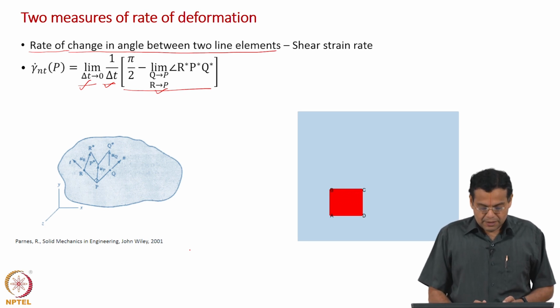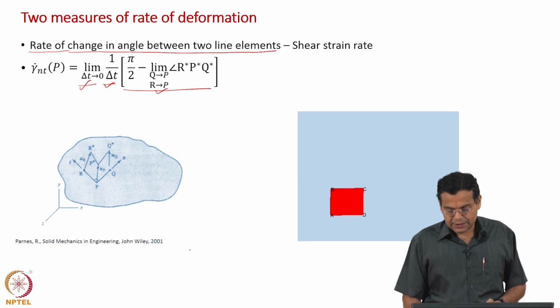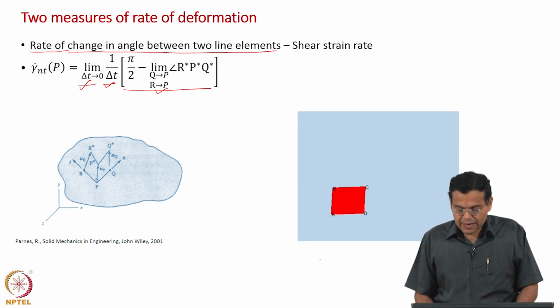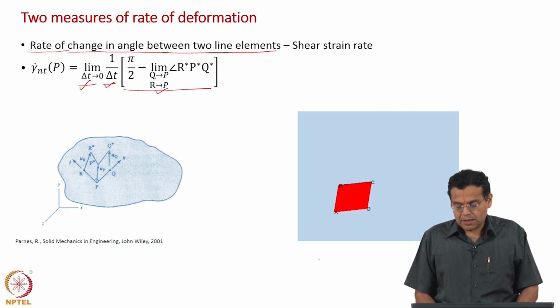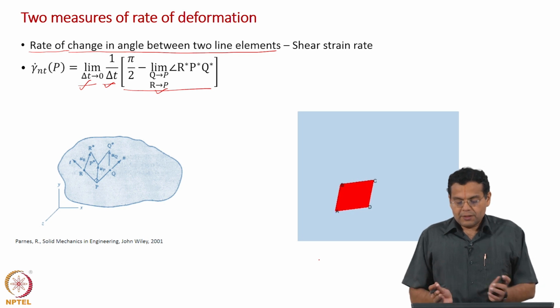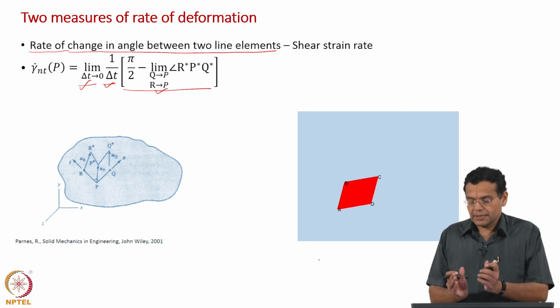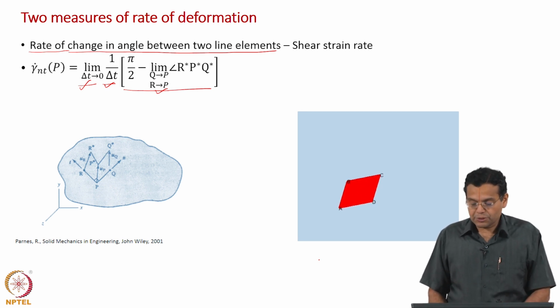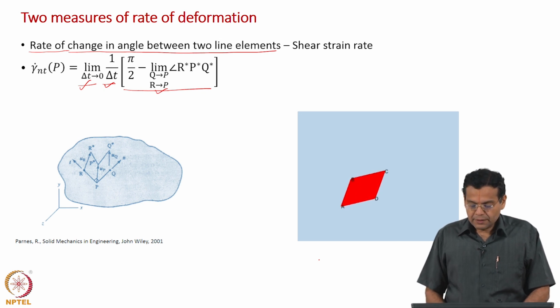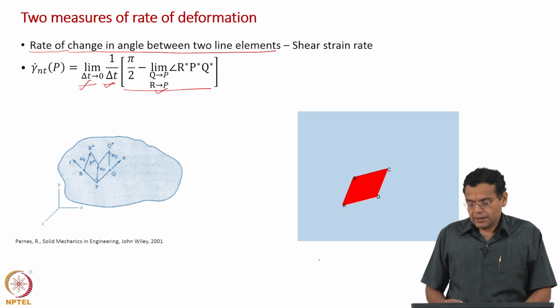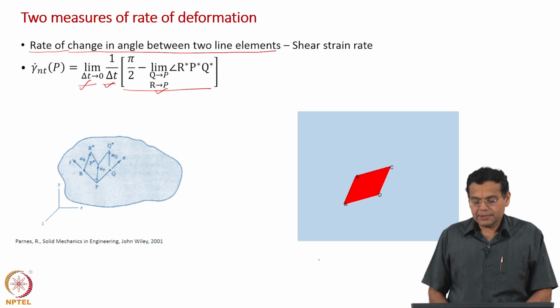Okay. And let us look at this animation where initially the angle BAD was 90 degrees, and now the angle between AB and AD decreases, they come closer to each other, and the rate at which this angle changes is what we mean by shear strain rate.